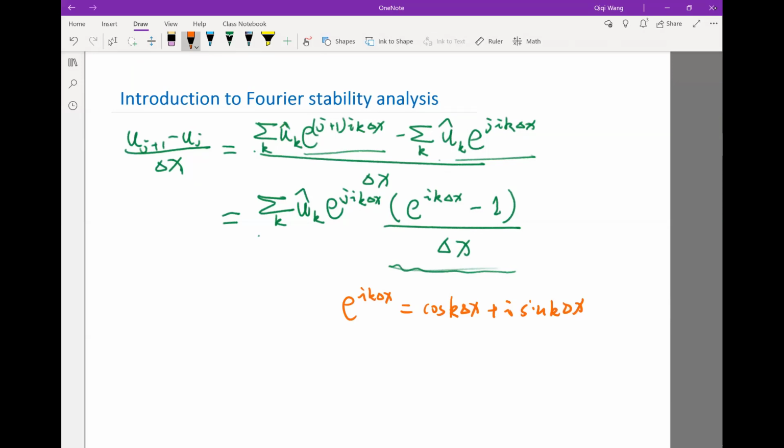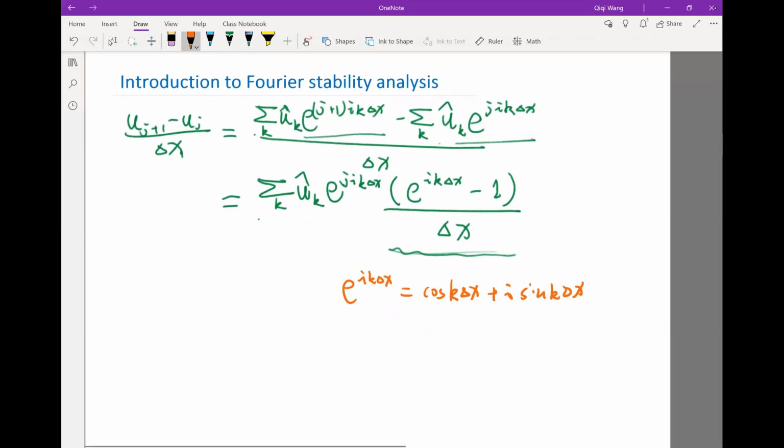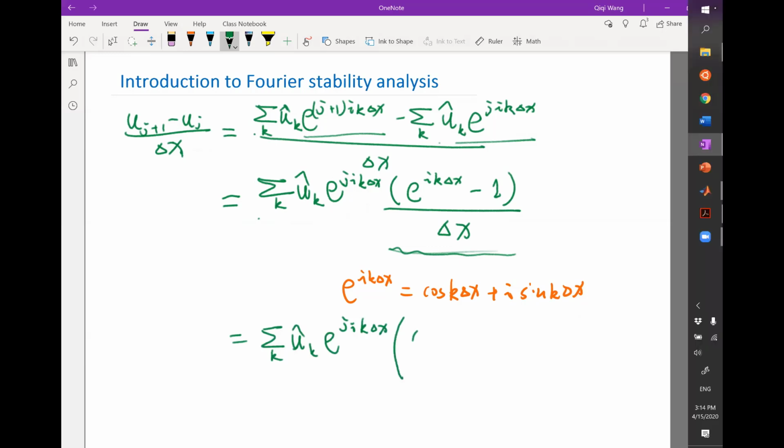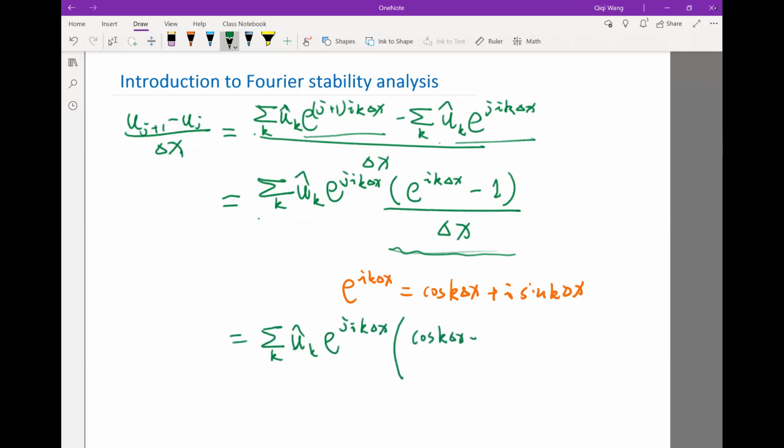Depending on where that real component actually turns out. So the term is u hat k e to the j i k delta x, and there is going to be a real component of cosine k delta x minus 1 divided by delta x. That's the real component, and plus an i times sine k delta x divided by delta x.